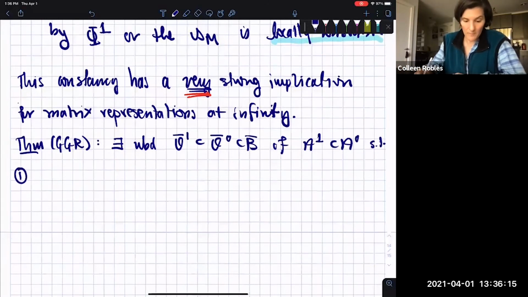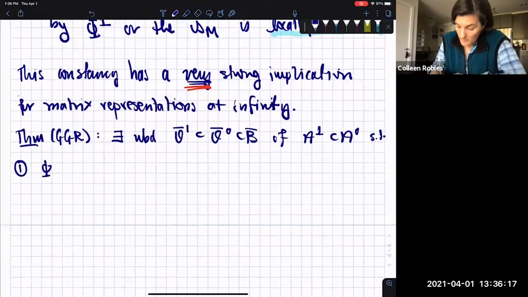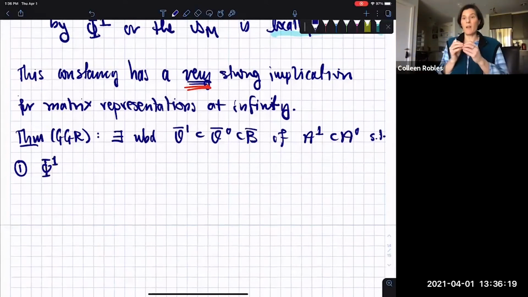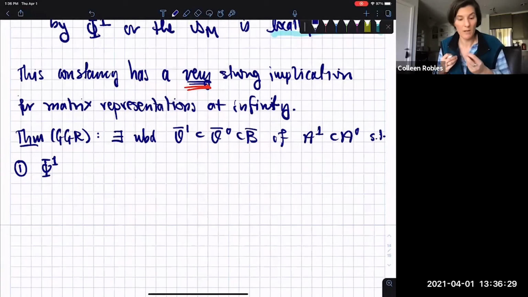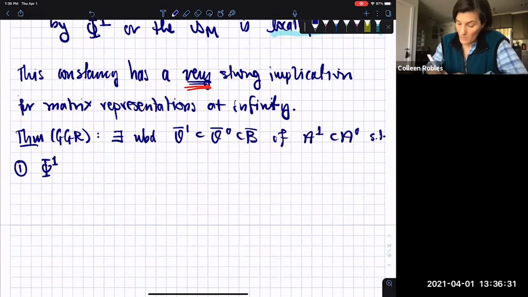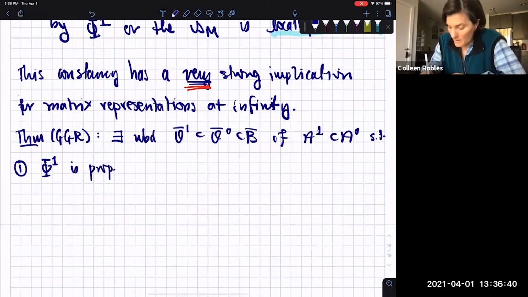So first of all, remember that along each of these open strata, we had this map phi1i that was mapping to level 1 extension data. And I mentioned that we could patch these together to get a topological completion of the period map. So this map, the patched together map phi1, is itself proper, and it remains proper when restricted to this neighborhood.